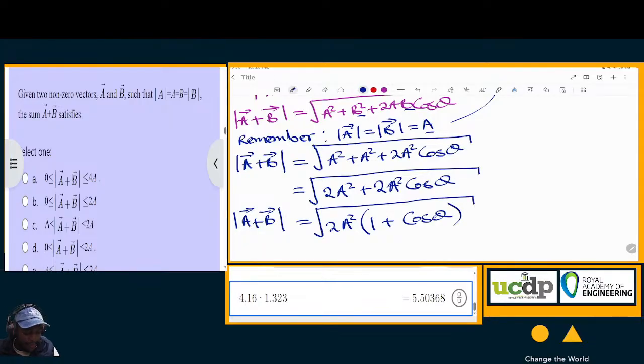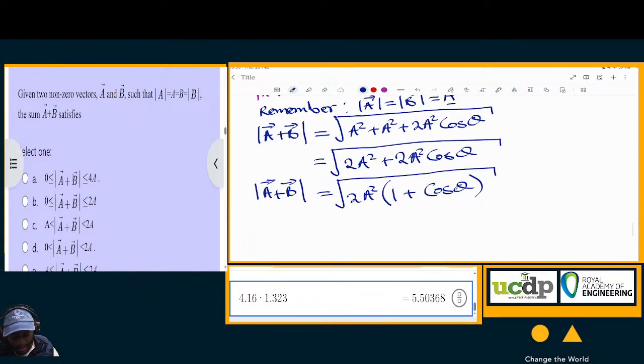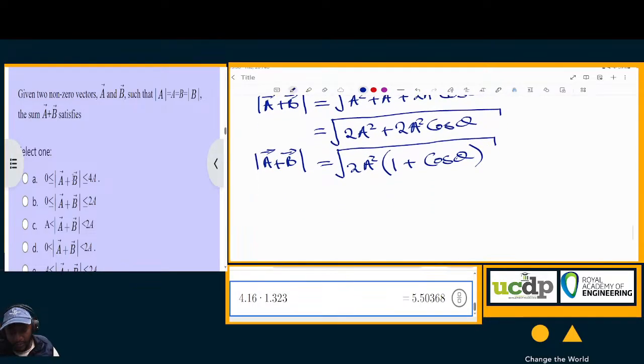Now let's look at what the possible values would be. Remember, the graph of cos theta goes from -1 to 1, right? Let's look for possible values.